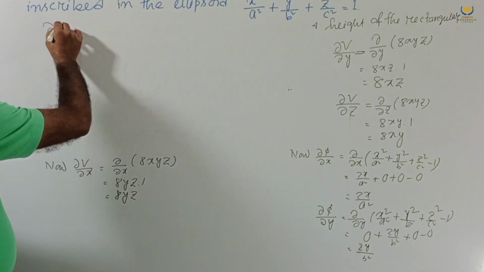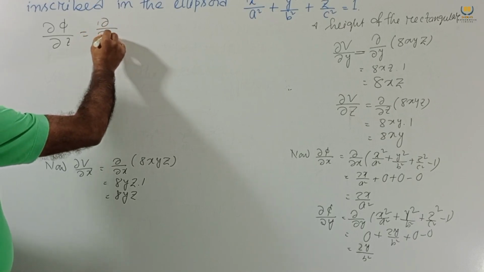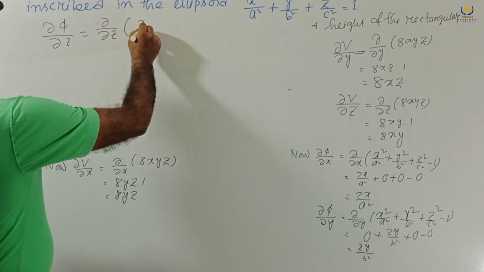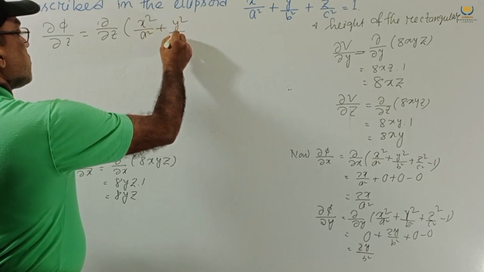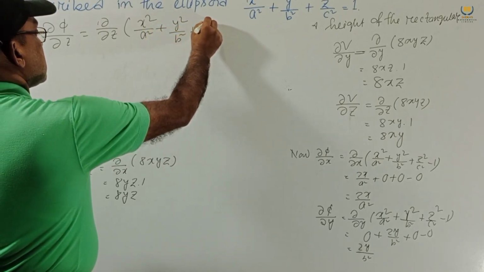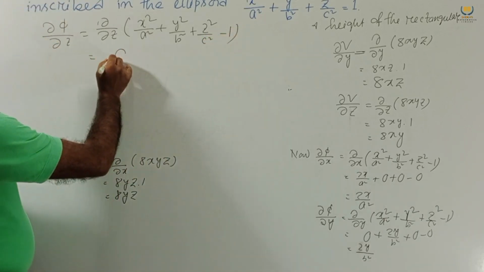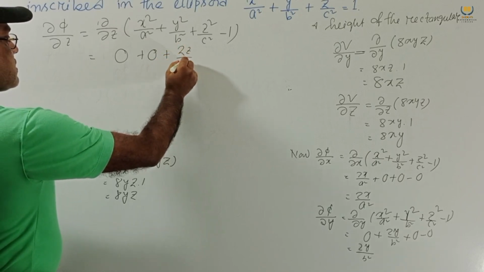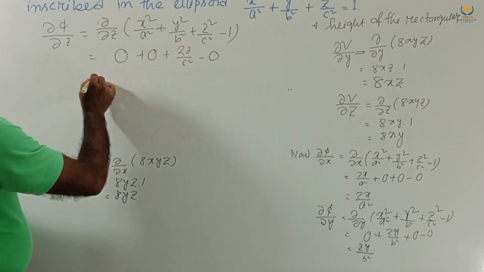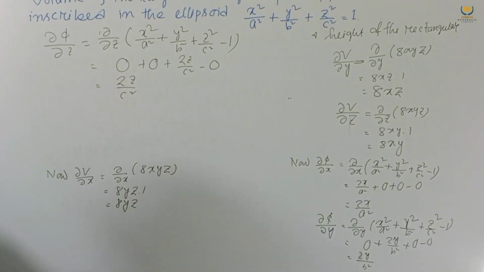Now del phi by del z: this is 0, 2z by c square, minus 0. This is 2z by c square.